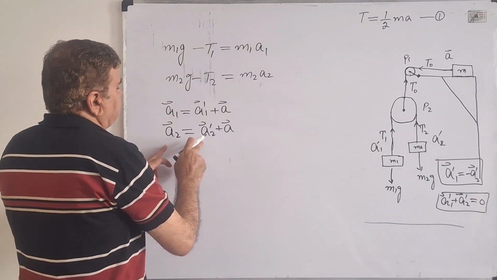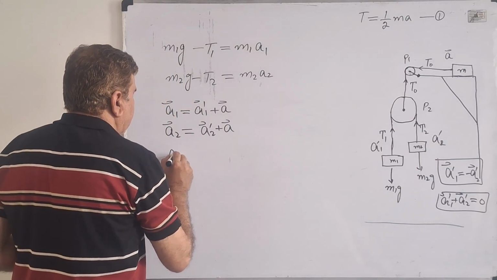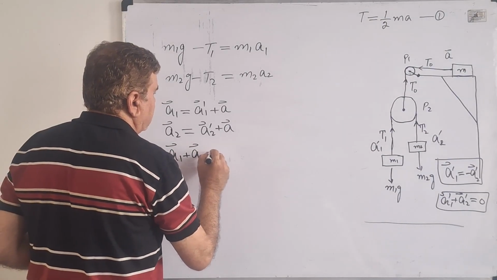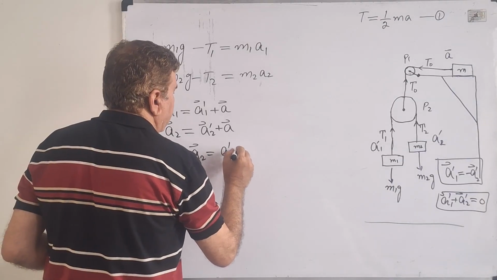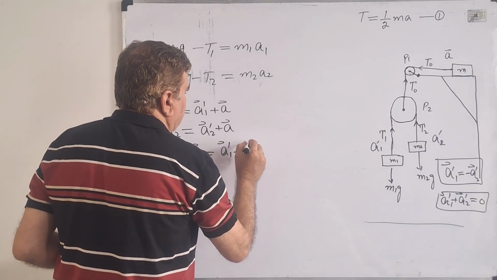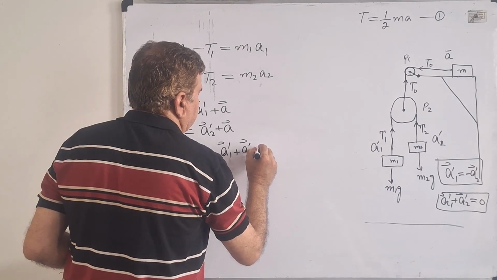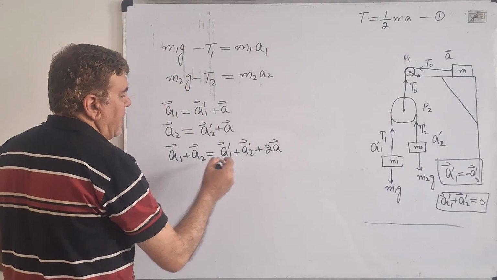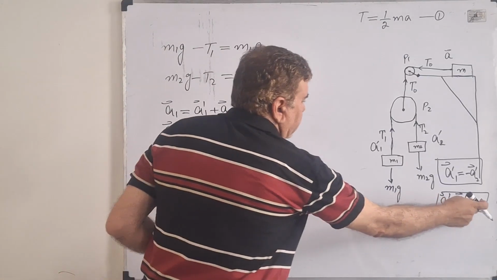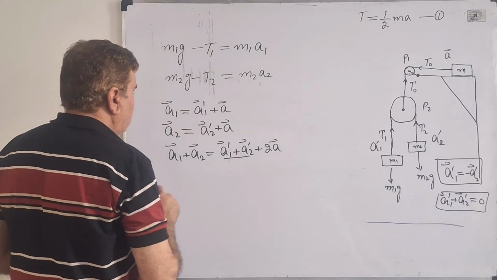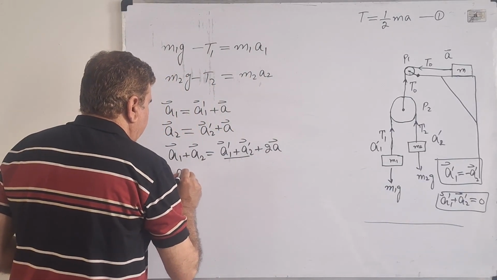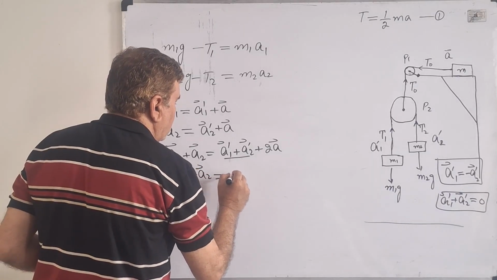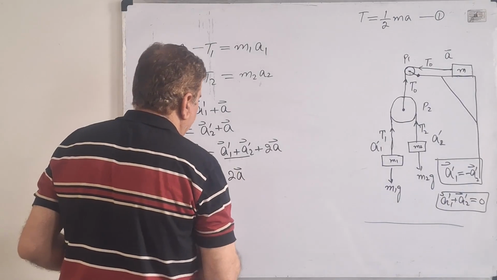So if I add up these two equations, I can write A1 plus A2 equals A1 prime plus A2 prime plus 2 times A. And A1 prime plus A2 prime equals 0. So this thing in fact reduces to A1 plus A2 equals 2A.